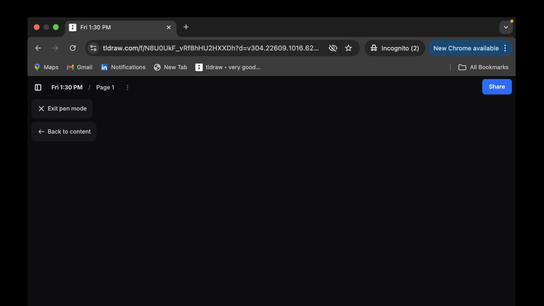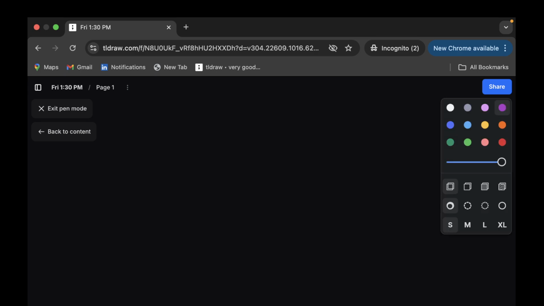CIDR was an improvement over classful addressing, but the problem that we are having is, if you allocate an entire block, we are wasting a lot of IP addresses.